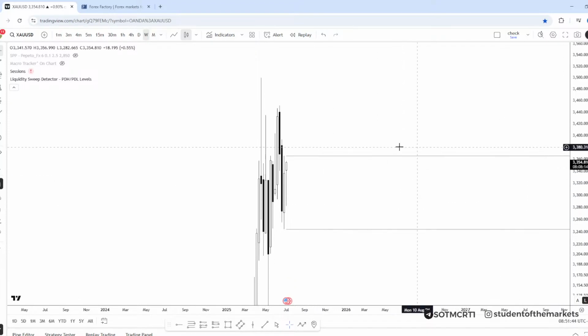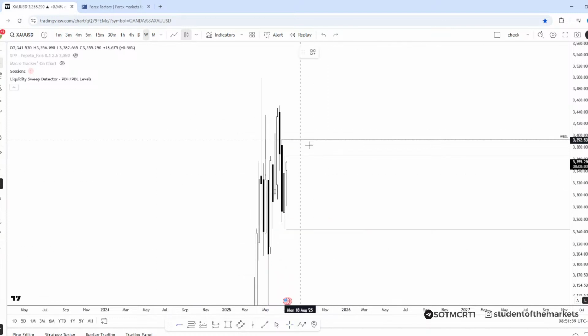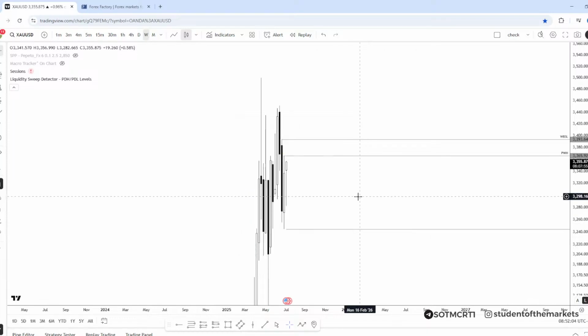Obviously, as I was mentioning, price did close back inside the range. We have a weekly buy side here. This is a weekly buy side. Now we also have a previous week high, and as you can see, price is pushing towards that liquidity.